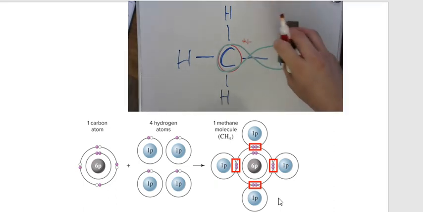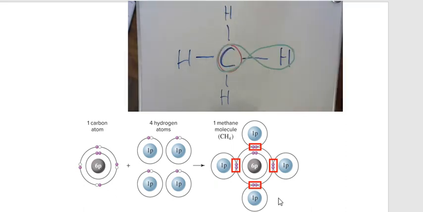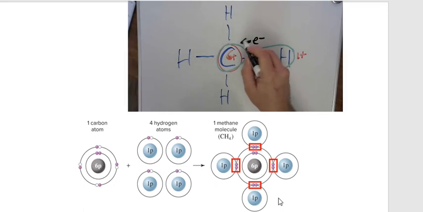Why is that? And I shouldn't use pluses because it's going to be confusing. It's an electron. So why is that? It's because you have 6 positive charges here, 6 protons, and here you have only 1 positive charge. So the electron, being negatively charged as it is, tends to be more attracted towards those 6 charges than to 1 charge.